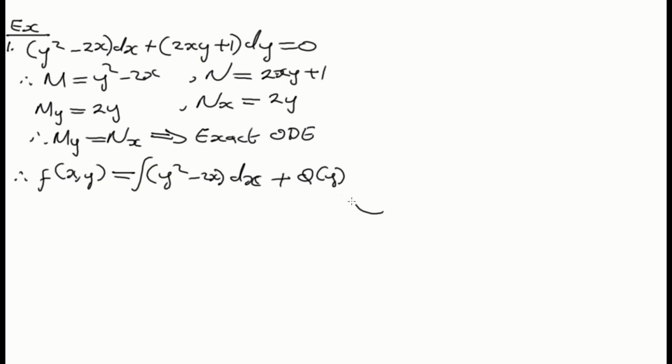Then we know also there are some variables which are the y only, which also got messed by differentiation. Then we'll recover them from the n function by integrating with respect to y as well, because it's y that was of interest when the partial derivative was being performed. So therefore here with respect to x, we get x y squared minus x squared plus q of y.